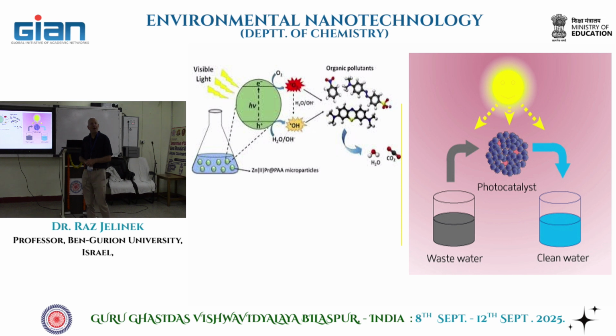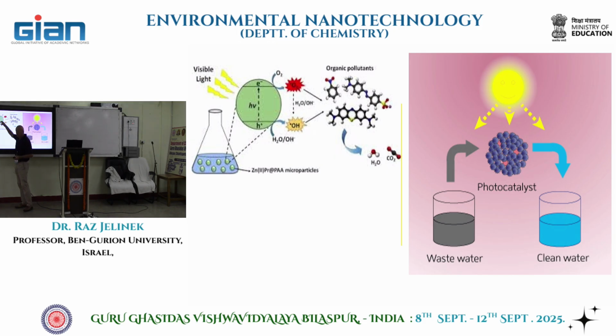Now, nanoparticles can also be very good photocatalysts. Remember, when we talked about photocatalysis, what we have is light generating electrons, light hitting the nanoparticles, giving energy for electrons to leave the nanoparticles and oxidize.